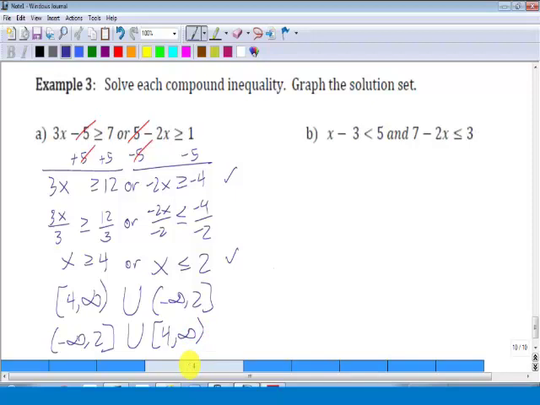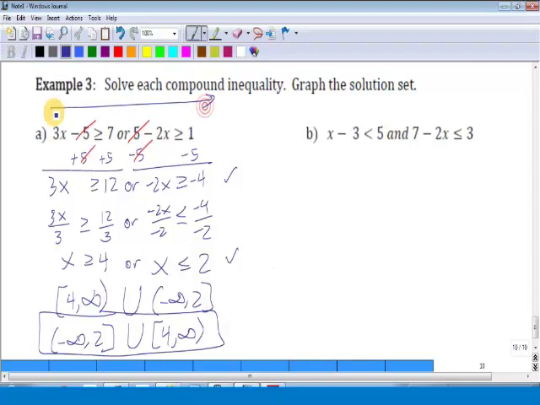But either one of those, that or the statement immediately above it, should be fine. And we know what interval we're describing here. Everything less than or equal to 2 together with everything greater than or equal to 4. The only numbers that fail to satisfy this compound inequality are the ones between 2 and 4. Everything else is good.